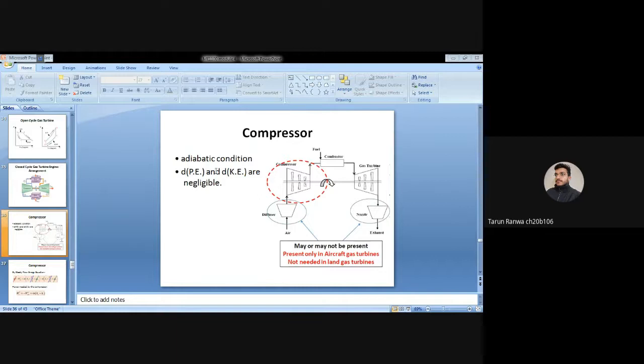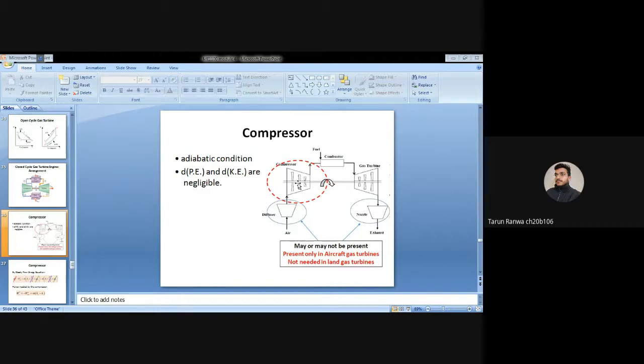Now compression. The compressor is in adiabatic condition, and the change in potential energy and change in kinetic energy are also negligible. So this is the arrangement of compression.